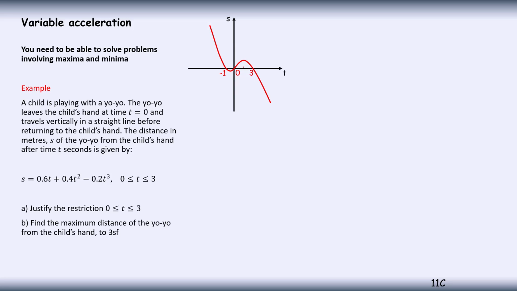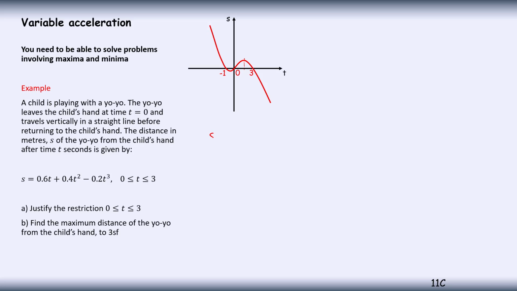Now, by symmetry, when it leaves the child's hand, it travels up through a turning point and back down to 3. I said by symmetry because the maximum displacement will be at this turning point here. So, in order to find the turning point, what do I do?